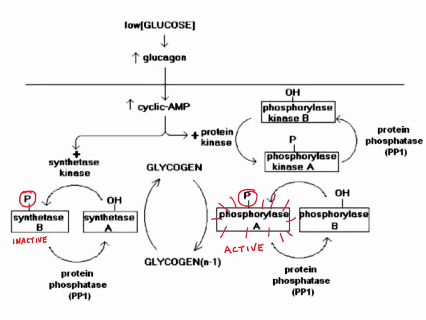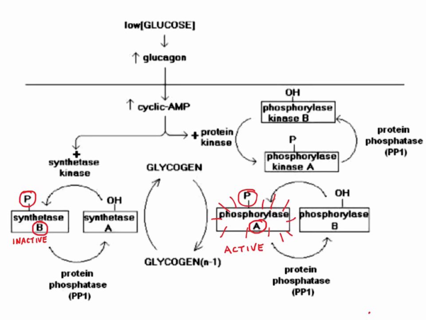A diagram on page 7 is meant to show how this works in the cell. The A form is the active form of the enzyme, and the B form is the designation for the inactive form. Notice that the phosphorylated form of the synthase is B, or inactive, and the phosphorylated form of the phosphorylase is A, or active.